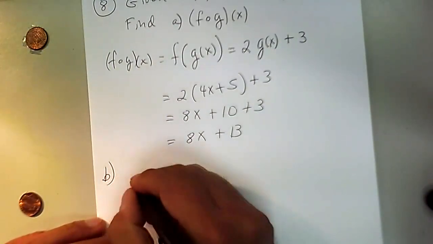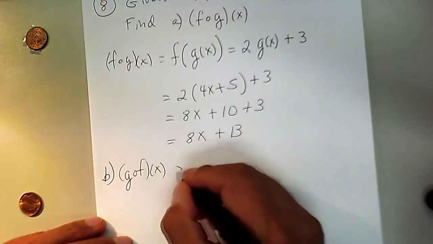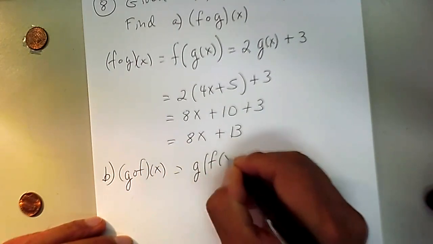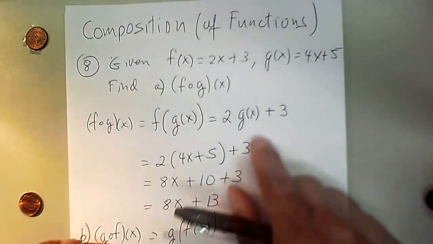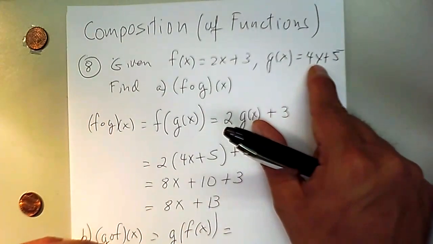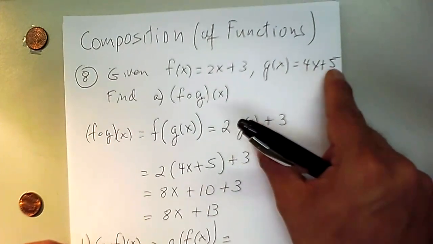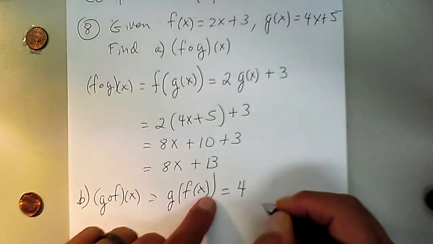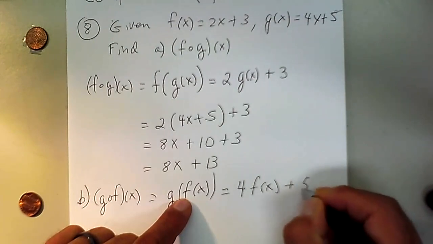B, let's find g composed with f, which is g of f of x. Now, g says whatever the input is, multiply it by 4. After multiplying by 4, then add 5. So we're going to multiply by 4 the current input, which is f of x, and then add 5.